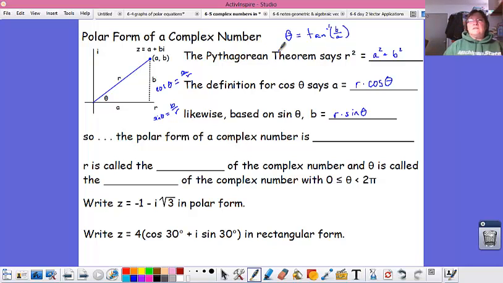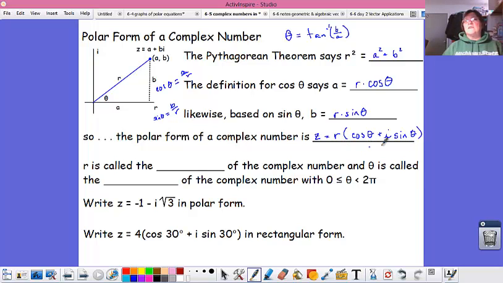So with all that said, the polar form of a complex number, z equals, and in polar form it's r times the cosine of theta plus i times the sine of theta. Okay? r times the cosine of theta plus i sine theta.